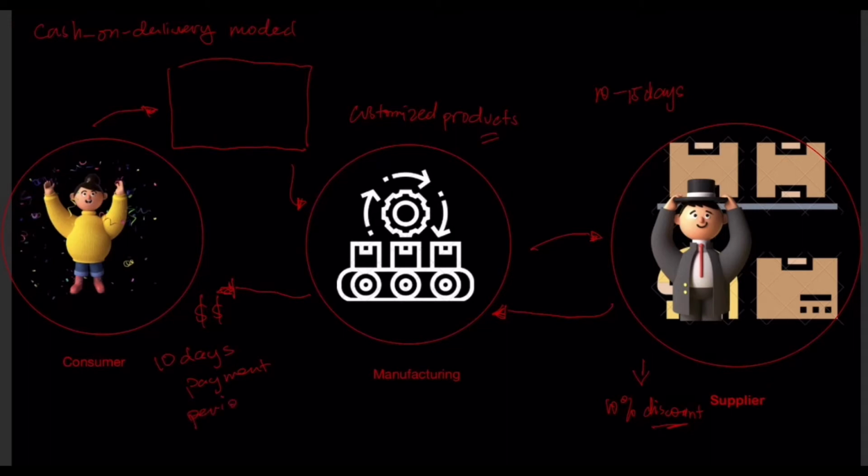Now, in total, there will be around 20 to 25 days processing time. I mean, the operating cycle is 20 to 25 days, meaning the cash of the owner is tied up in the business for around this time frame.